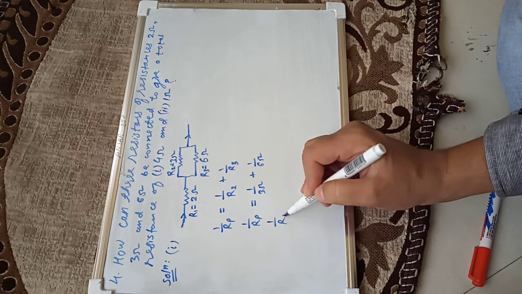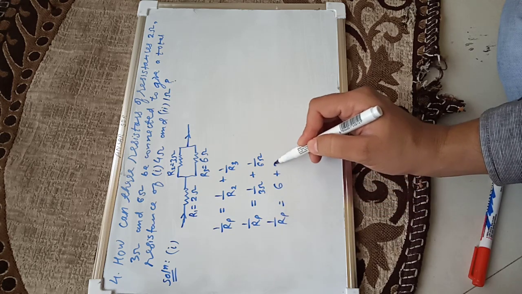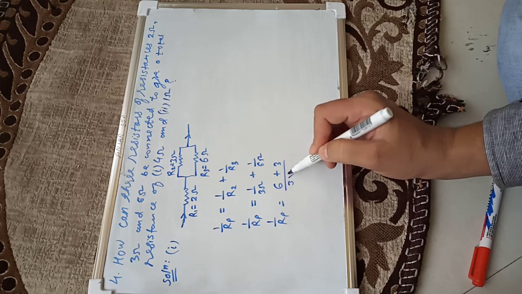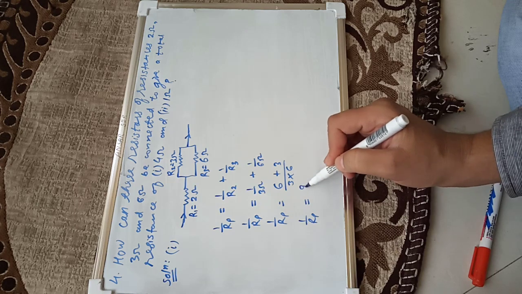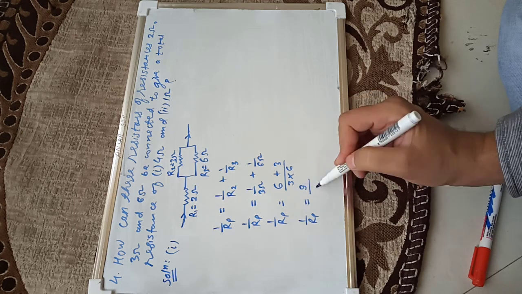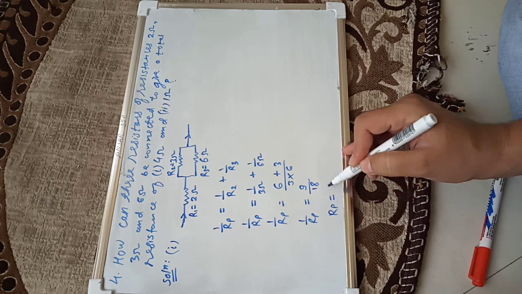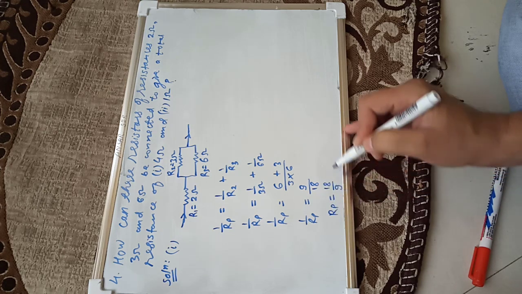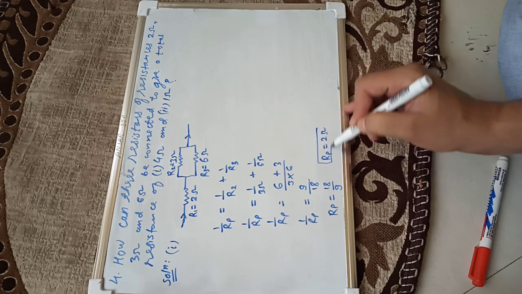So it will be 1 upon Rp is equal to cross multiplication 6 ones are 6 plus 3 ones are 3 divided by 3 into 6. So 1 upon Rp will be 6 plus 3 9 and 3 6 are 18. But we want to find Rp. So Rp will be 18 by 9. And in this way we get Rp is equal to 2 ohms.